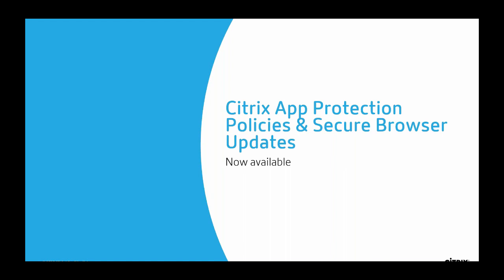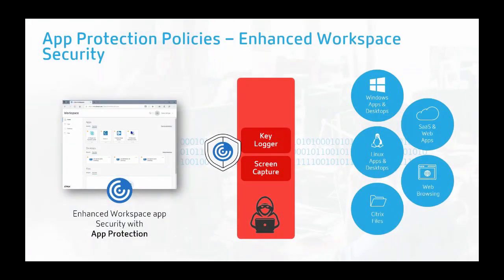So one of the first things that we've introduced over the past few months is a solution called application protection policies. Just from a very simplistic way of saying, this is basically going to ensure that if an end user is using a device that has malware installed on it, something like a keylogger or screen capture or screen scraper software, while they're accessing a Citrix session, the hacker or the threat actor won't be able to get information when that user is launching, for example, a sensitive CRM software that features customer data.